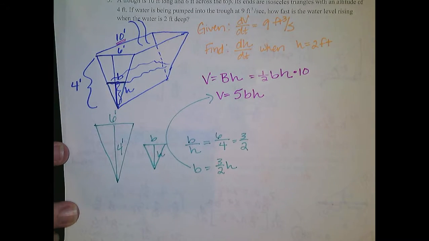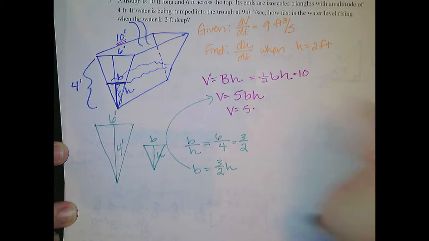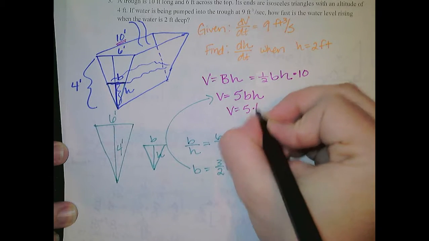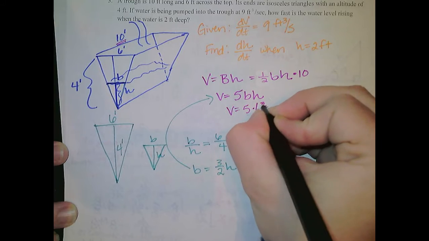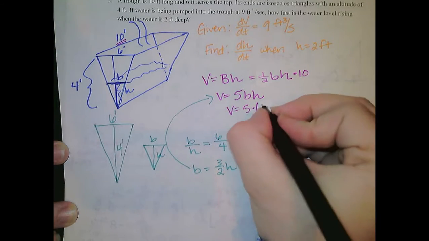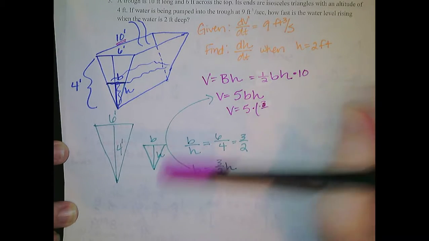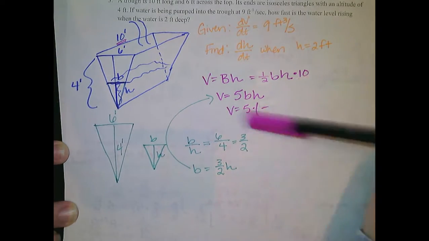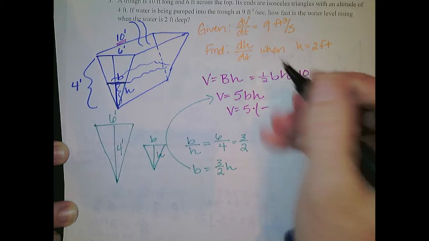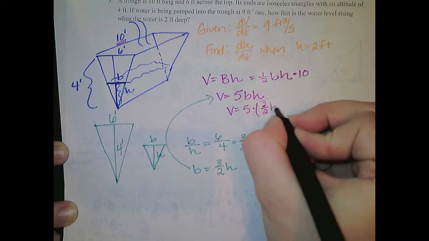So the volume is 5 times b, which is 3/2 h, times h.